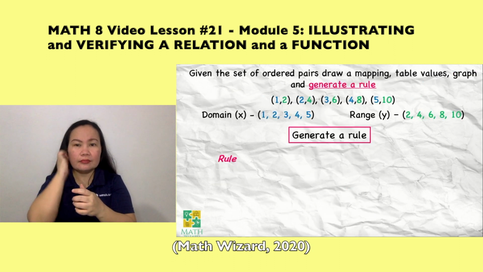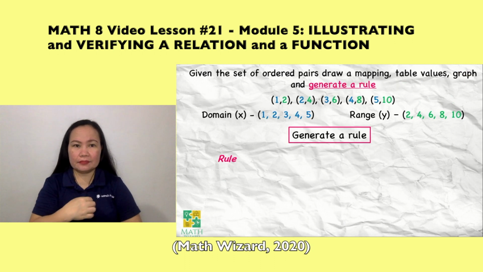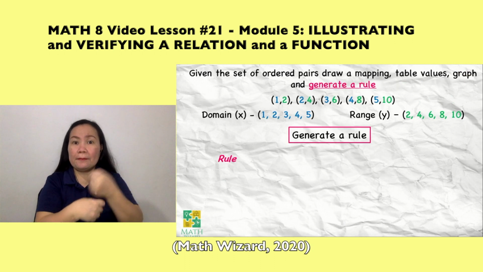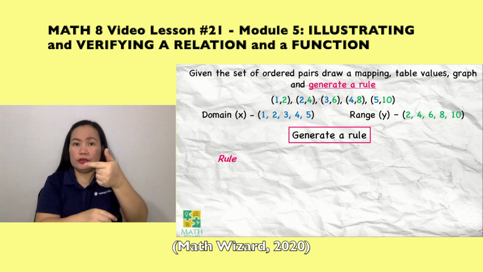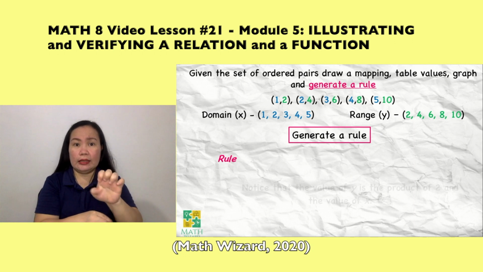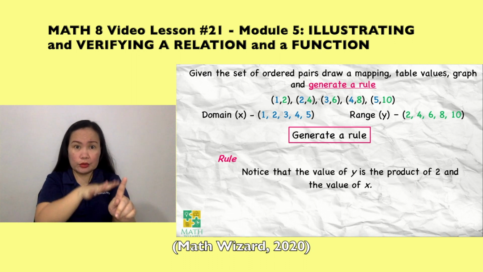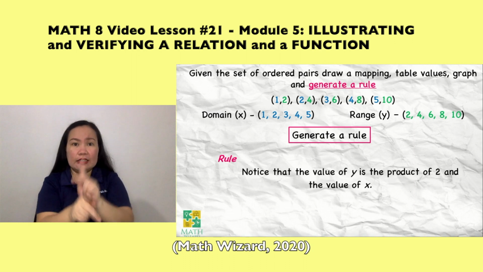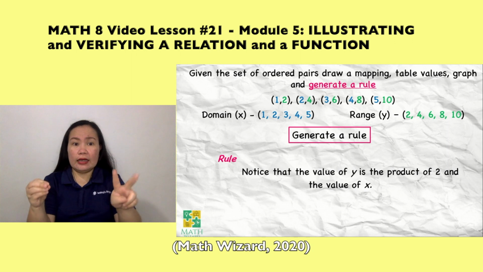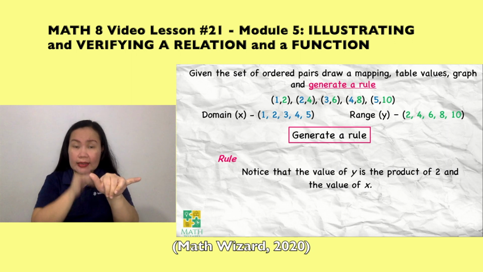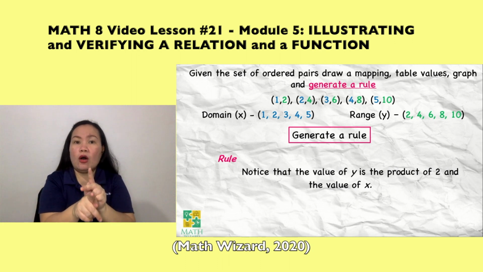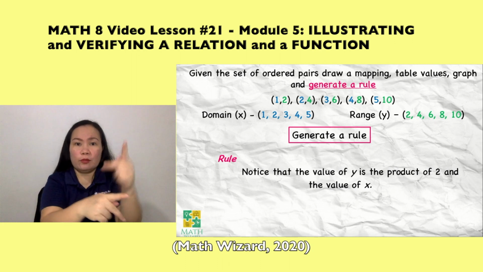Okay? At ang ating last one, kailangan natin mag-generate ng rule based from the set of ordered pairs. Mapapansin natin that the value of y is the product of 2 and the value of x. Mapapansin natin na yung value ng y ay product siya kapag minultiply natin ang 2 sa value ng x.